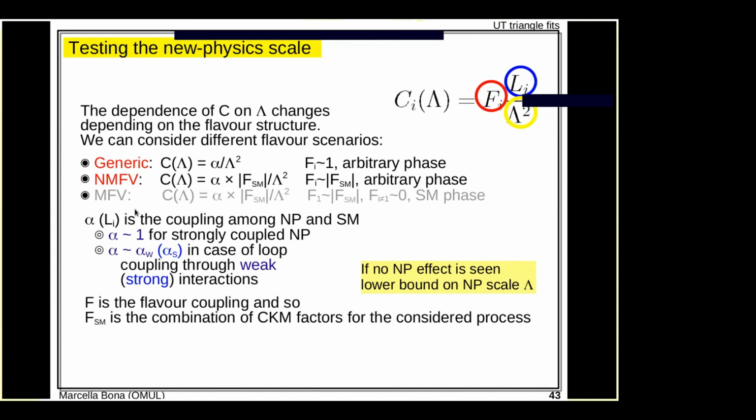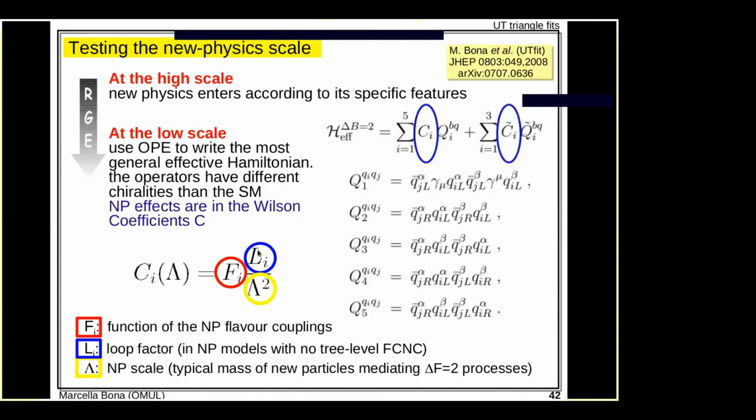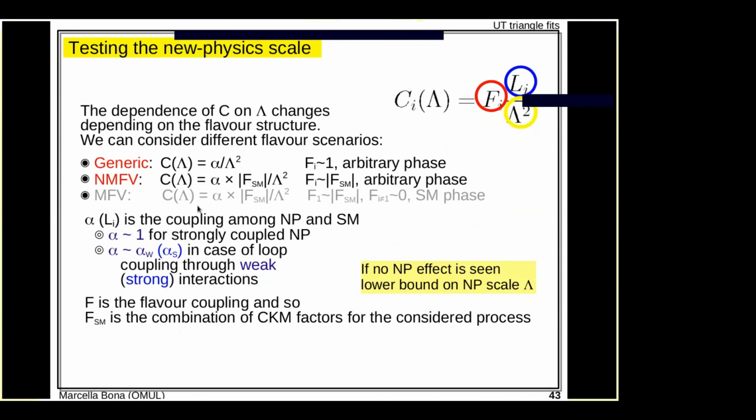The loop factor, so this one here, that is the coupling between the standard model and the new physics. And of course, what we do, we use this loop factor equal to 1. That would imply strongly coupled new physics, which is, of course, not realistic at this point.